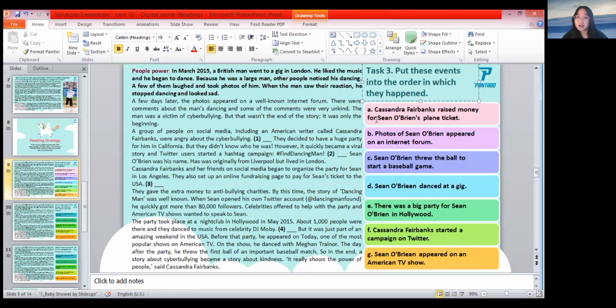Which events do you think come first? Which one is the first one? Read the text and then decide which one is the first event.